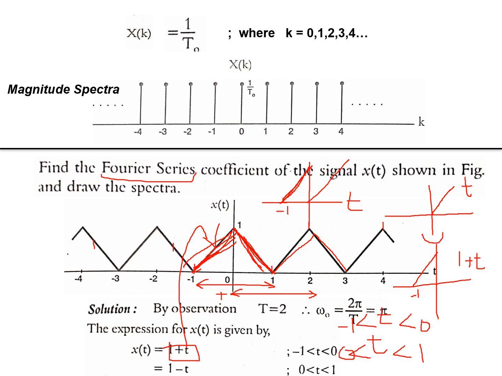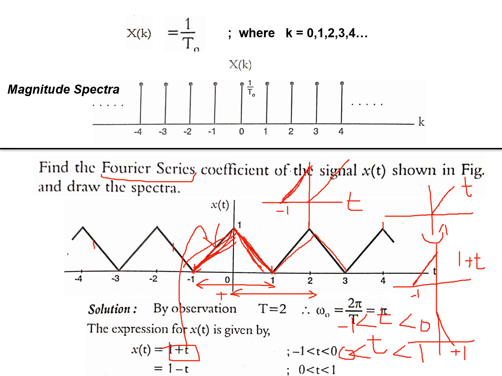If I flip this signal about the origin, the graph will become like this. This will become +1. This -1 to 0, flipped, means the signal goes from 1 to 0. I'm time reversing it.